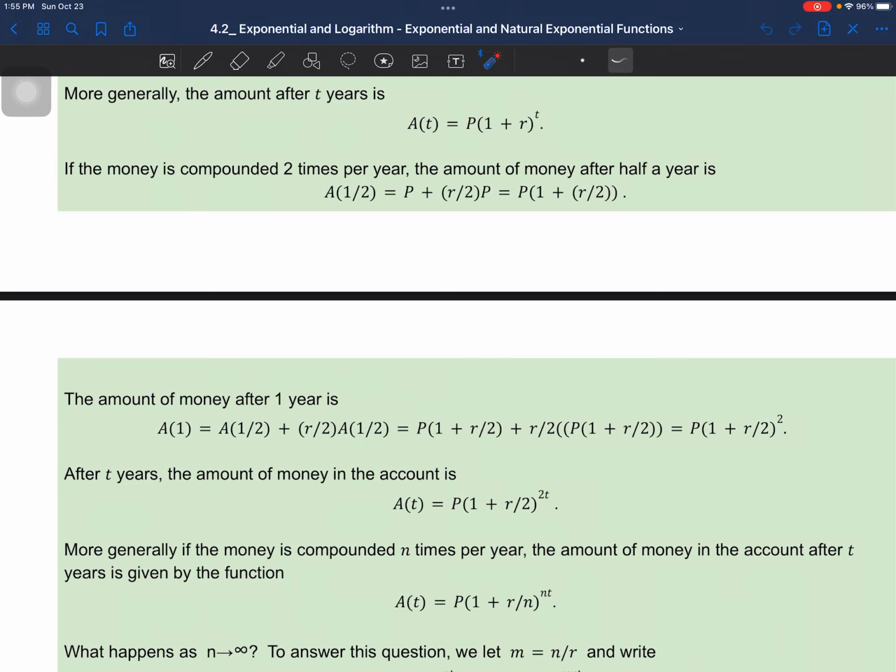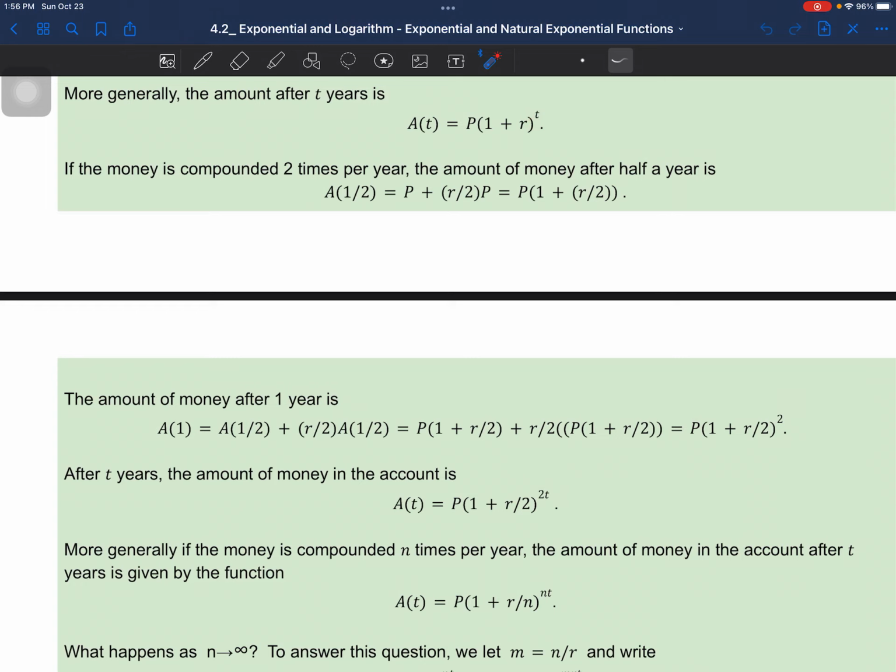And then if you compare this back into p's, you end up getting this p, and then this also be this p right here. By doing this, we can factor out the p, and you're left with 1 plus r over 2, which is going to be the same thing as this. And so you end up getting p times 1 plus r over 2.